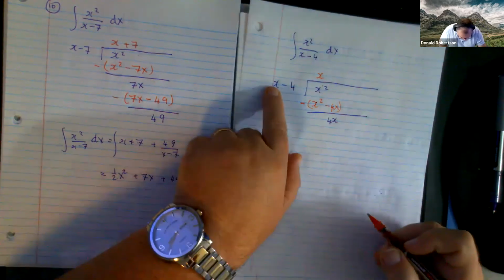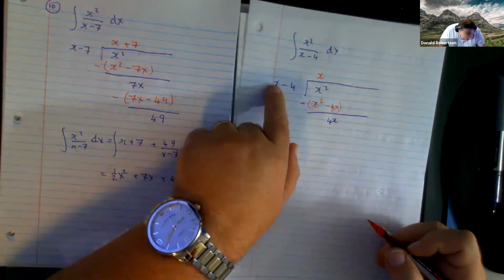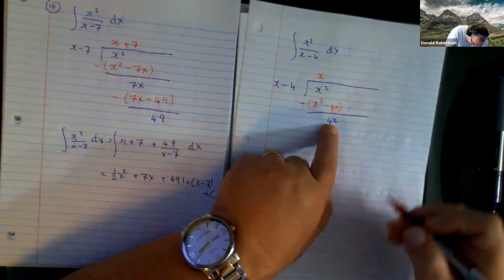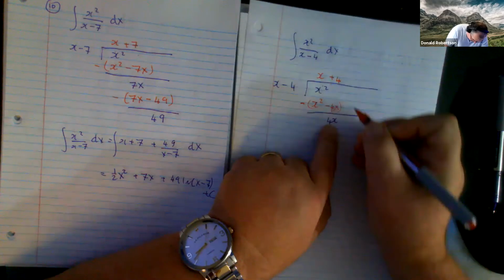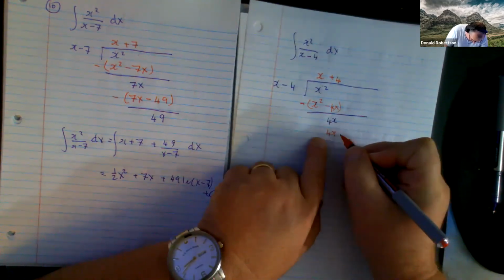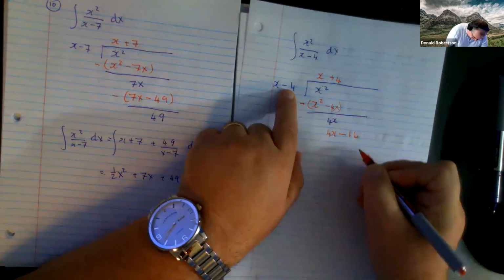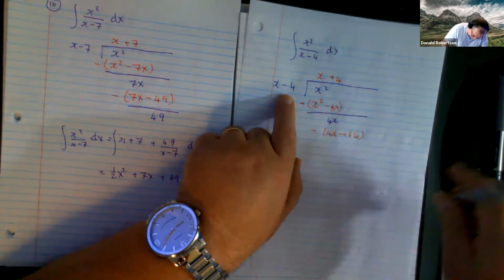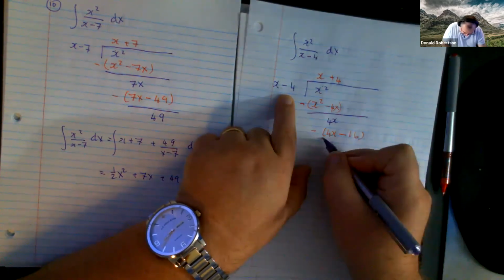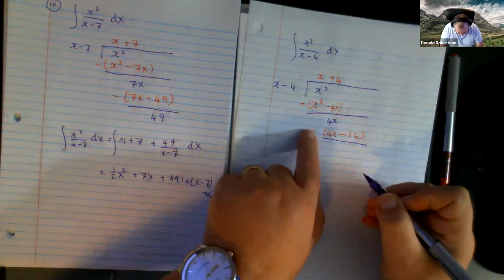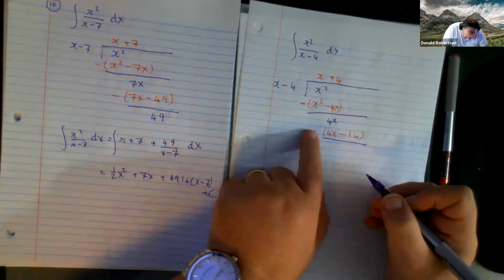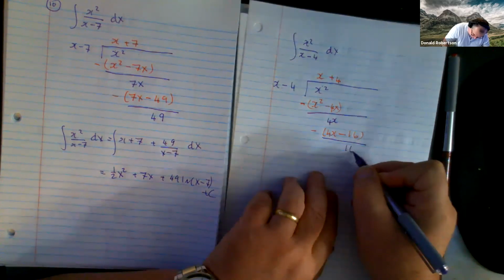You look at this guy and you look at this guy. What do you need to do to that to get rid of the 4x? You need to multiply it by 4, and you get 4x, take away 16. And then you subtract. 4x take away 4x, gone. Nothing take away that guy, plus 16.